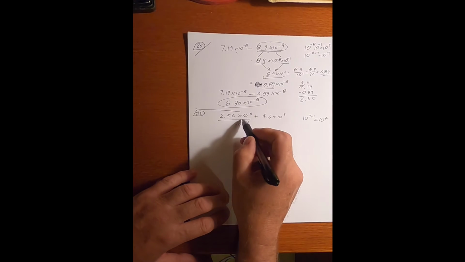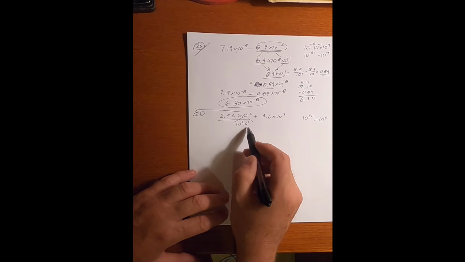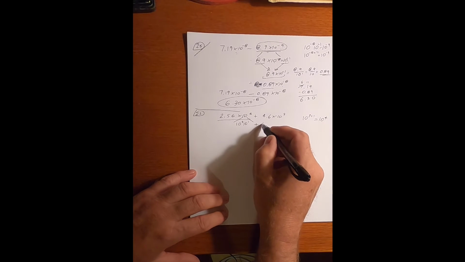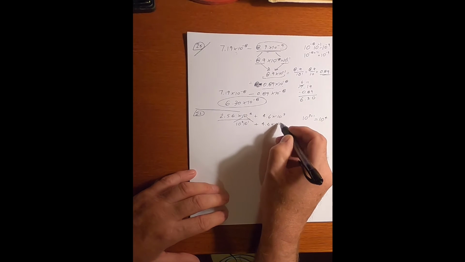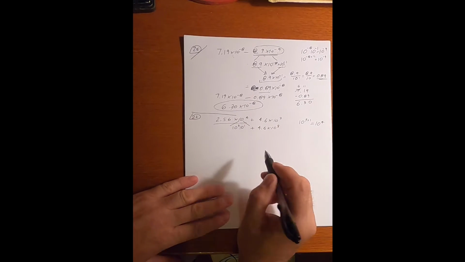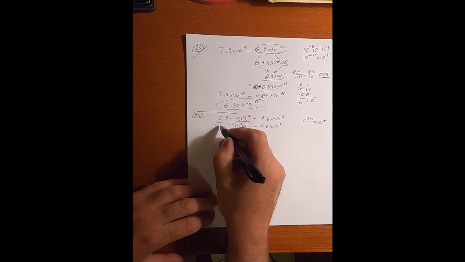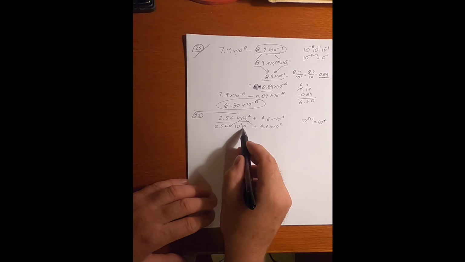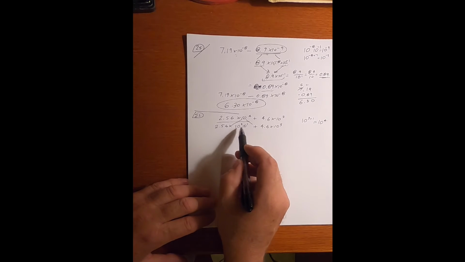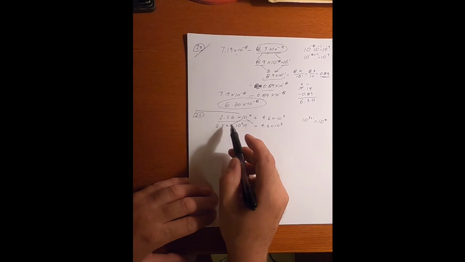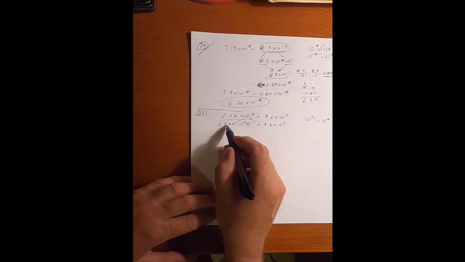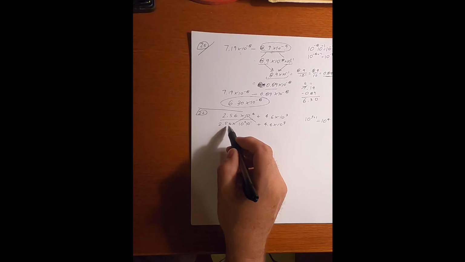So I'm just breaking up this 10 to the 4th into these two. I'm going to keep 2.56 out here and carry it down as I do this. If I multiply by 10, I'm going to move the decimal place 1 to the right because it's going to be a bigger number.